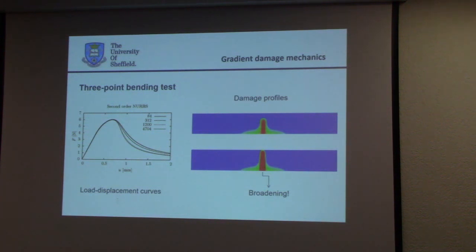In effect, one of the solutions that have been proposed is to make this length scale dependent on the amount of damage. So when you have progressive damage, the length scale should vanish, should become smaller. And then you can reduce it.